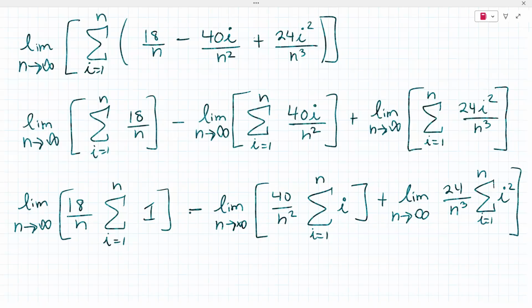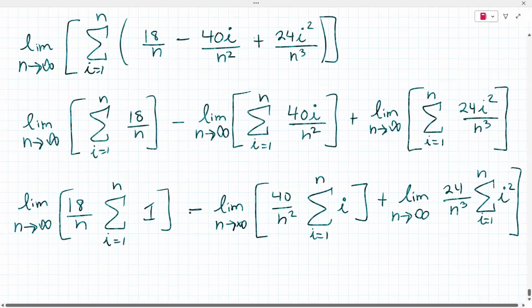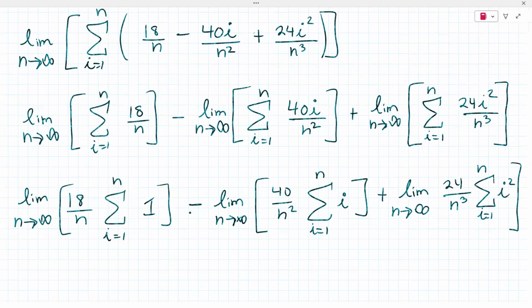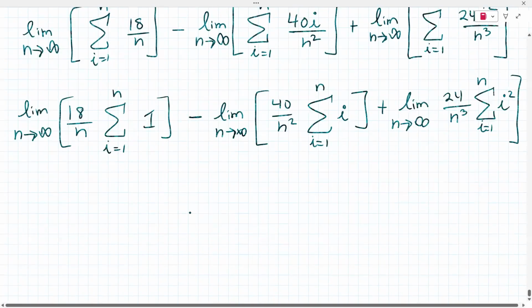Okay, and then you need to use your summation rules. So this is fine. Over here, we know that the sum of i is going to be n squared plus n over 2. And over here, we know that the sum of i squared is going to be 2n cubed plus 3n squared plus n all over 6. So let me write that out.